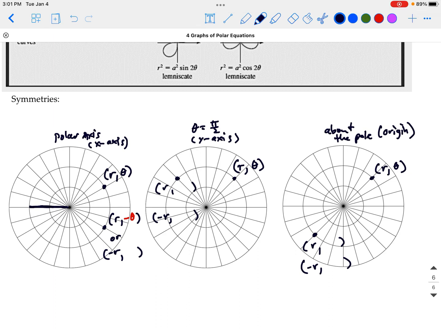And then if I started with negative r to get to that point, I could rotate counterclockwise from the location here, which is 180. So I'm going to rotate from pi. We'll note if this is going to be theta, then I'm going to rotate the difference between pi and theta. So this is going to be negative r comma pi minus theta.